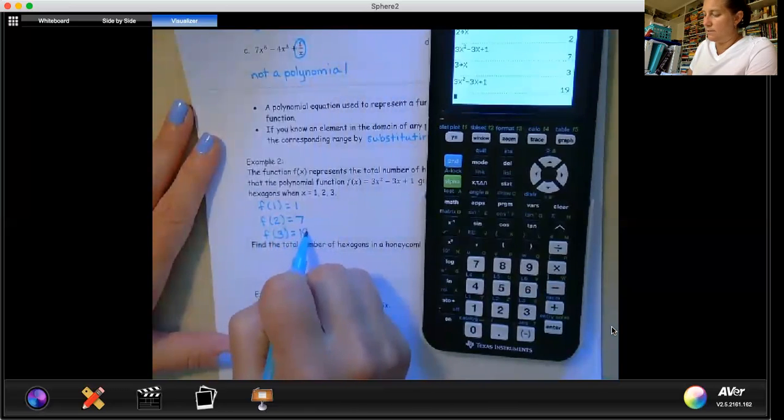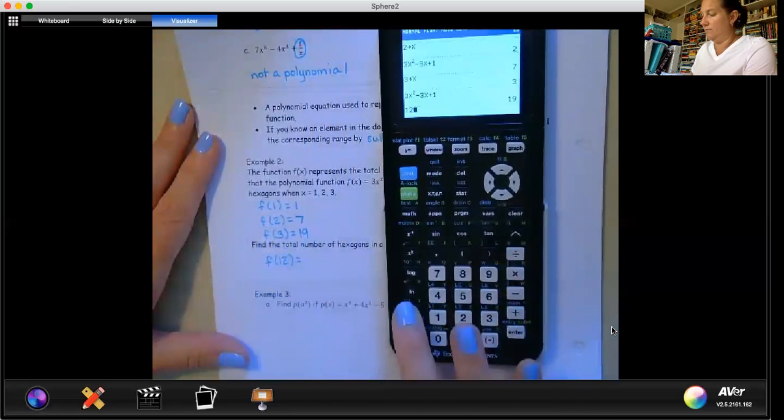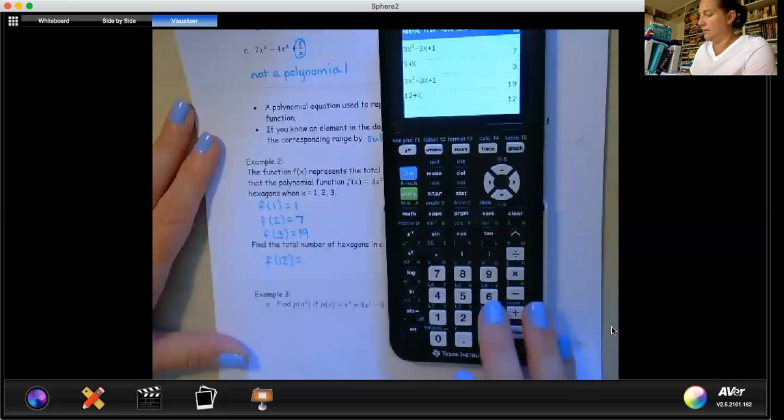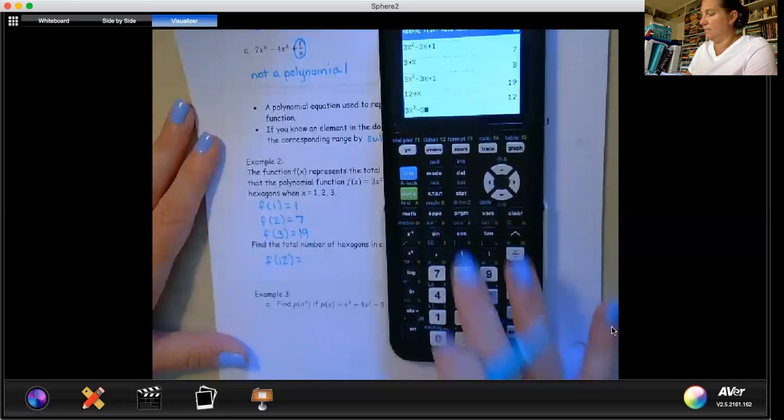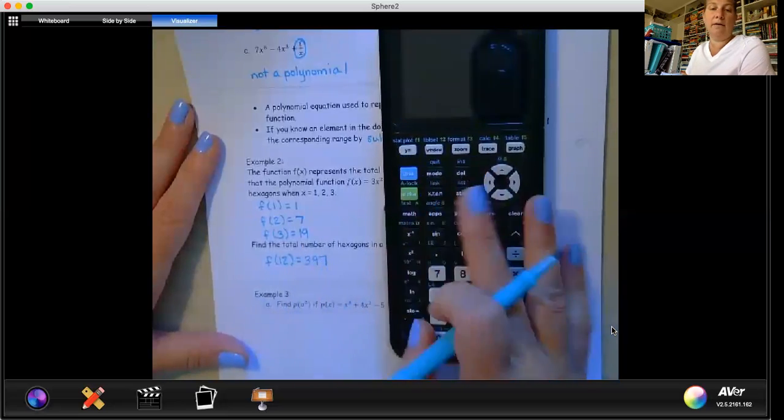And then the next question says, find the total number of hexagons in a honeycomb with 12 rings. So we're going to find f of 12. 12, store x, enter, 3x squared minus 3x plus 1, and you get 397. So that store key comes in handy.